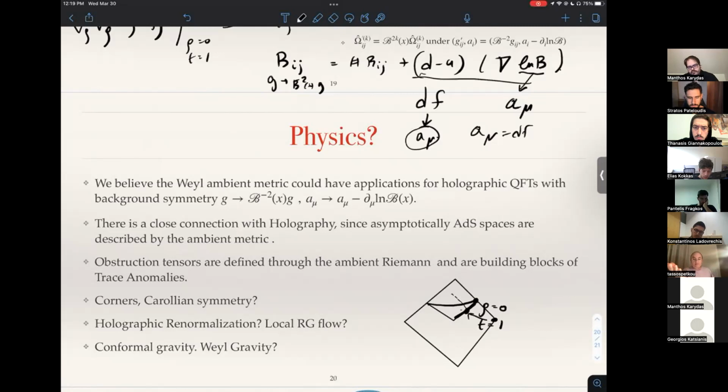That does have an additional gauge field. This is, I think, the usual story of Weyl, where you introduce the gauge field like an electromagnetic field, and you have electromagnetism. Right. That's what we would have in the boundary here.